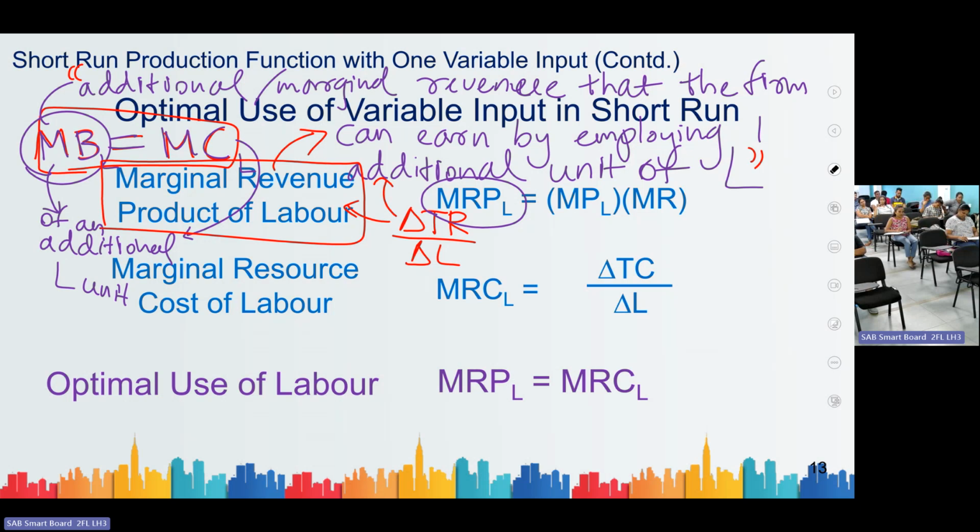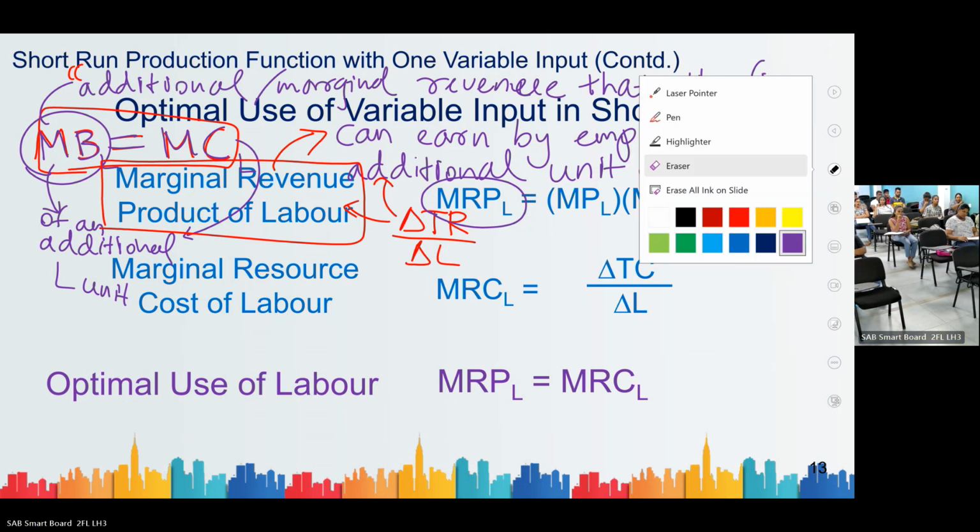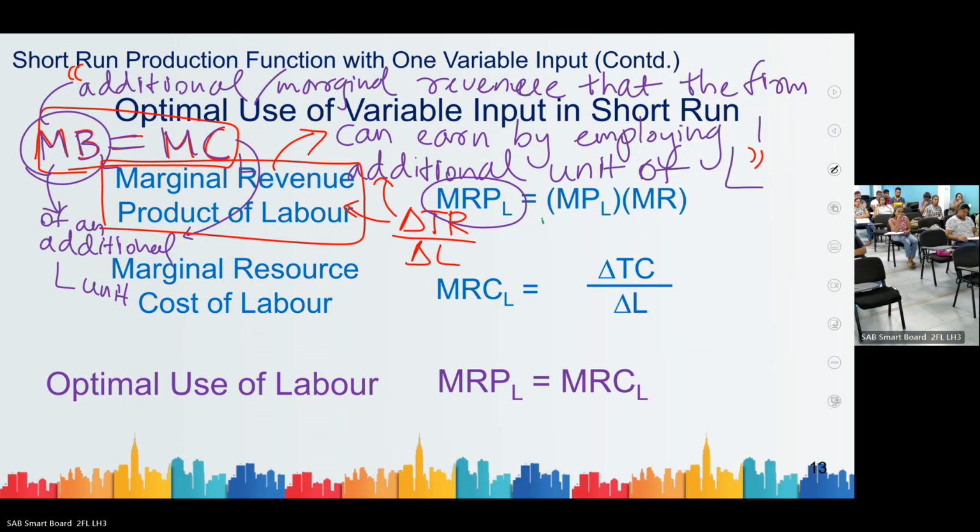This is the general formula, the normal formula we can use. Specifically, we can measure it as marginal product of labor multiplied by marginal revenue. This is more specific.